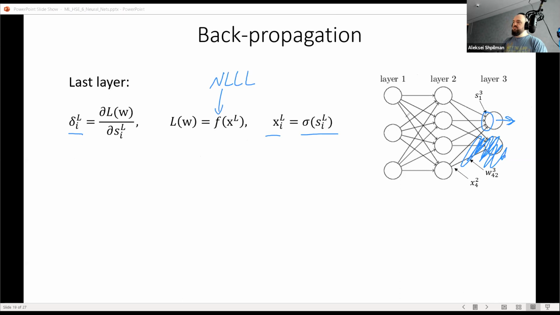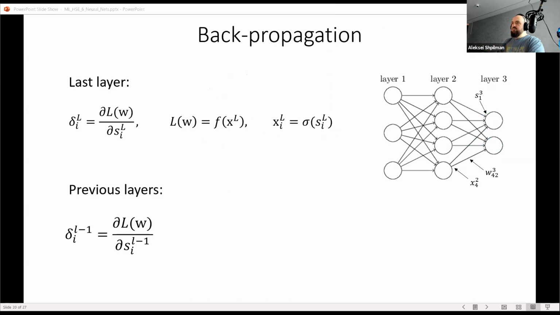So if this is differentiable and this is just a sigmoid, we already demonstrated that we can then calculate the differential of S. Quite easy. Now, if we have delta for the last layer, let's calculate the delta for all the previous layers. Let's say we know all deltas up to some layer L. So now we need to calculate the deltas for layer L minus 1.